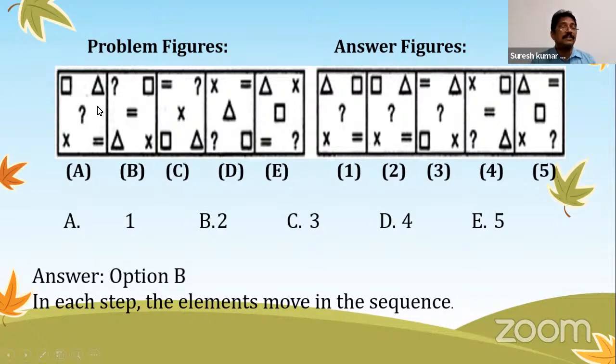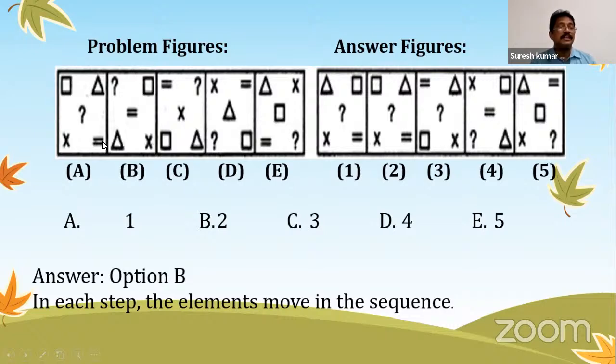Observe the 5 positions here: first, second, third, fourth, and fifth. Again the same position, X should come. So the third one is ruled out. First and second you have to verify very clearly.